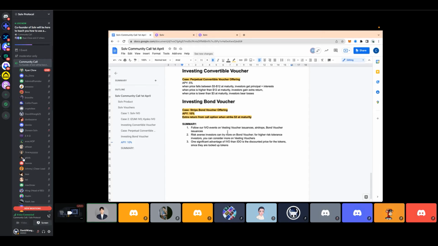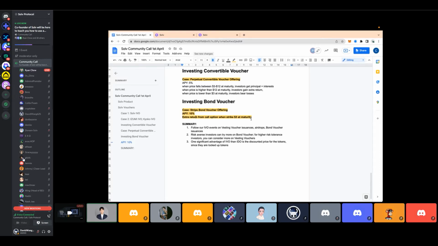Let's say if finally the price of Strips tokens reaches $6, then how much can you earn? You can earn 2x. So if you invest 100K, then you can get back 200K. That's what we call an upside.